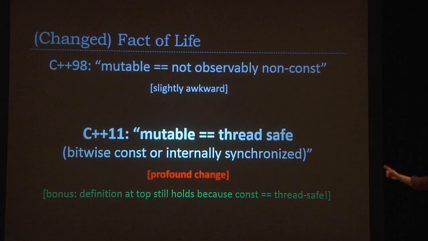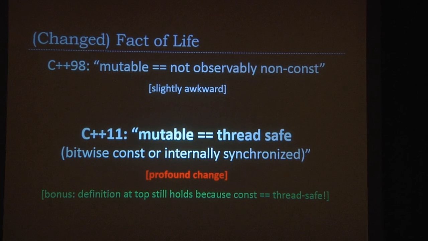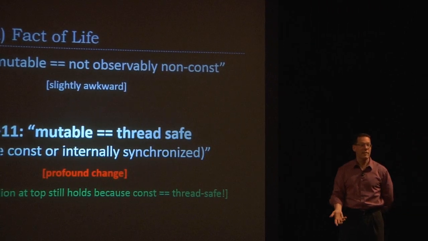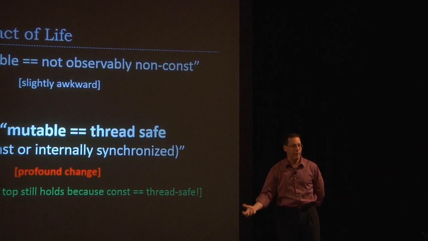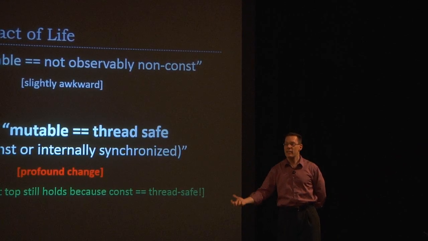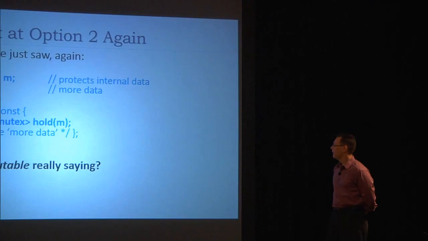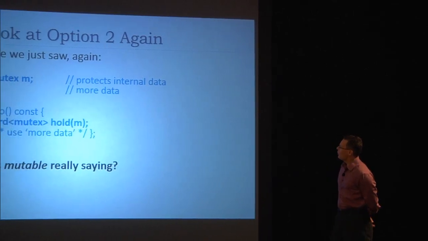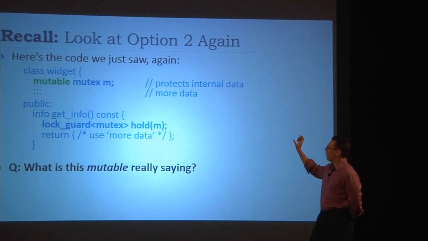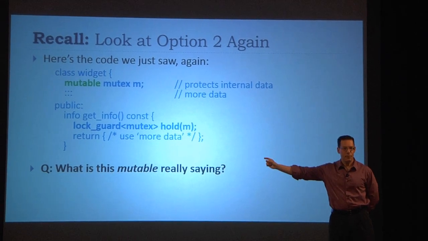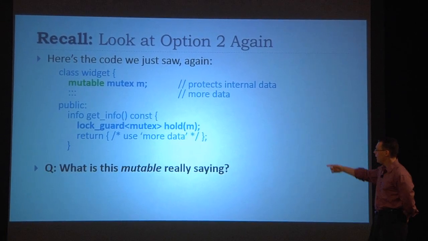However, you might have noticed that because of the way I chose to phrase the description of mutable, it still holds, because const now means thread safe. So not observably non-const means not observably thread unsafe, which means thread safe. It's actually consistent. It's like somebody was designing the language for this back in 1979. So remember the option 2 code we saw, where we make the mutex mutable, which now we know means thread safe.